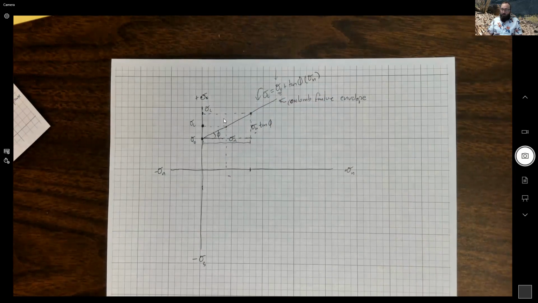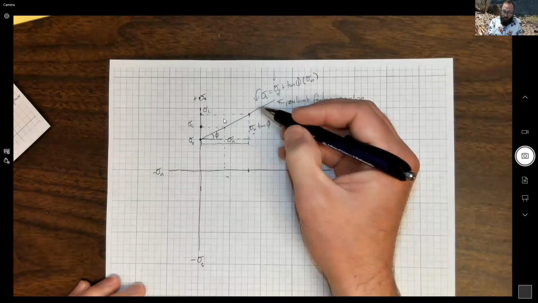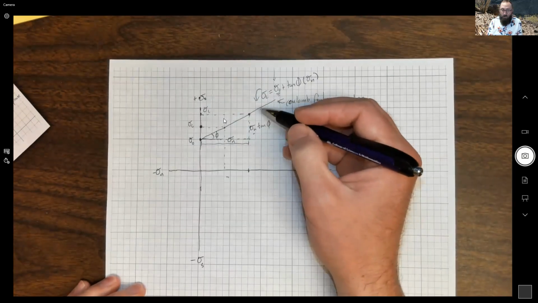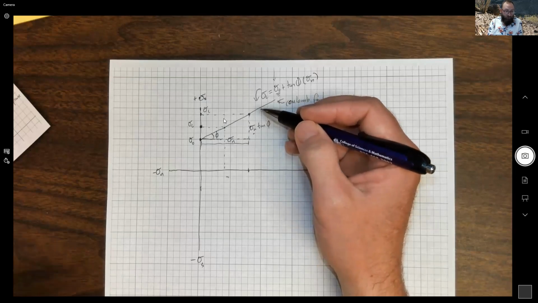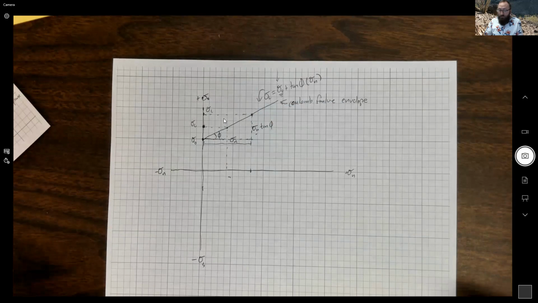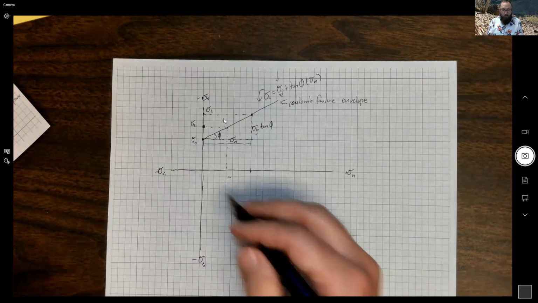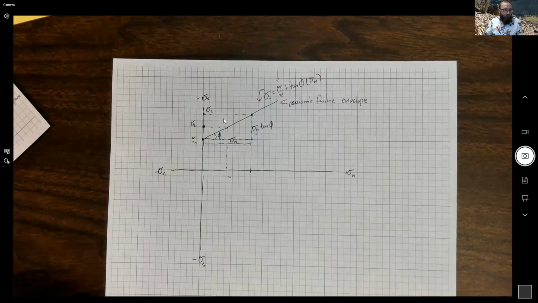And so from a practical standpoint, once we can define this failure envelope for a particular lithology, what it does for us is that it allows us to visualize the magnitudes of differential stress that are required for failure of an intact piece of rock and a fault to form. Remember the size of a particular Mohr circle when we plot it on this diagram.